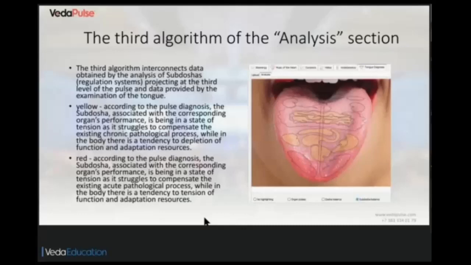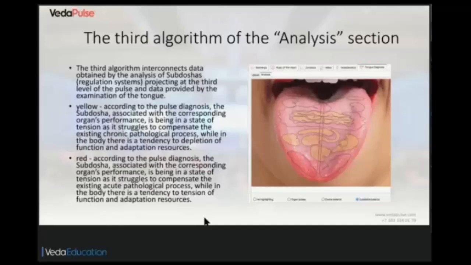And the third algorithm is so unique that no one before us managed to implement it. It shows us a specific imbalance of subdoshas with correspondence to specific organs which each subdosha involves.